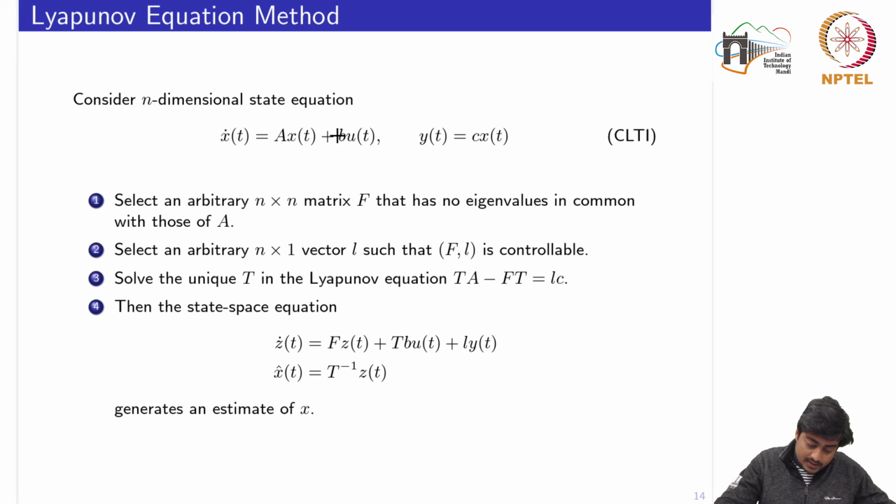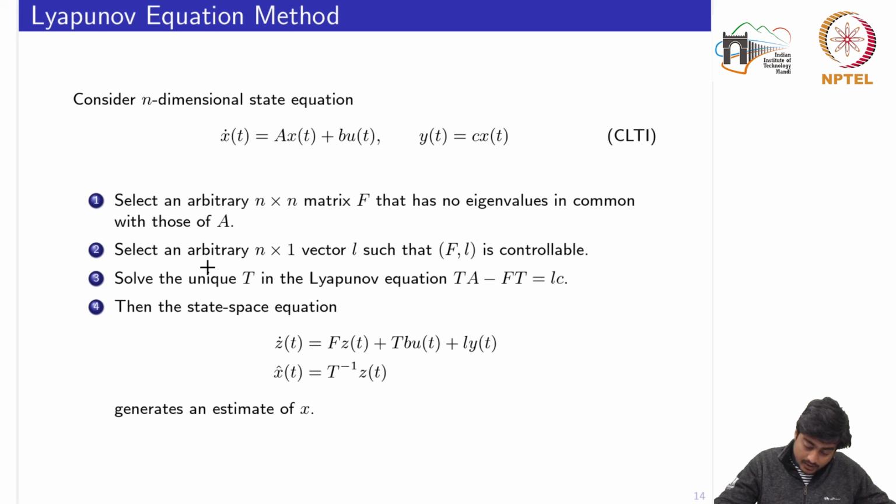Consider this n-dimensional state equation, or the pair A, B, C, which we have labeled as the CLTI. In the first step we need to select an arbitrary n cross n matrix F that has no eigenvalues in common with those of A. Second, I can arbitrarily select a vector L, ensuring that the matrix F I have selected in the first step, paired with the vector L, is controllable.